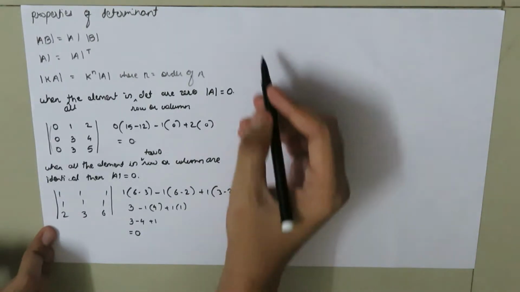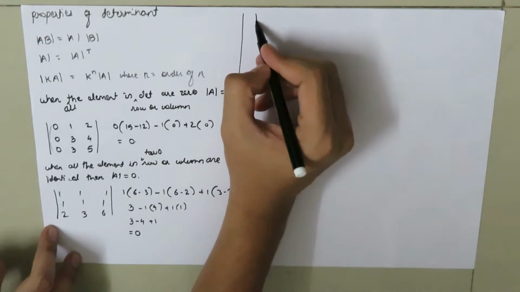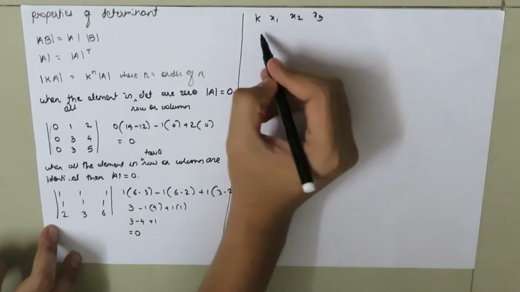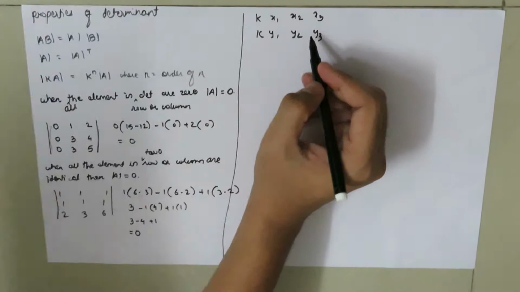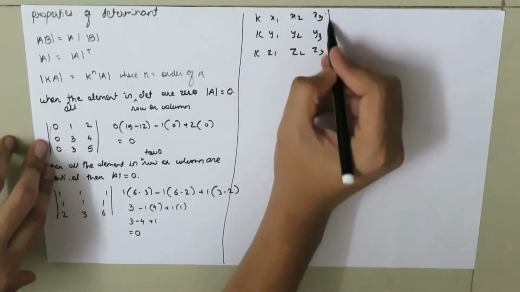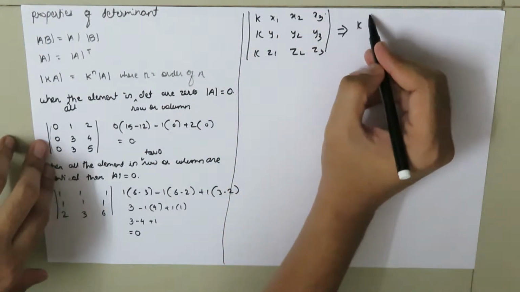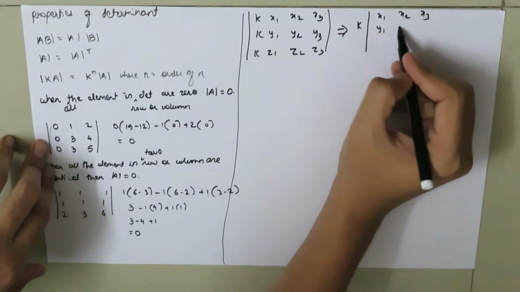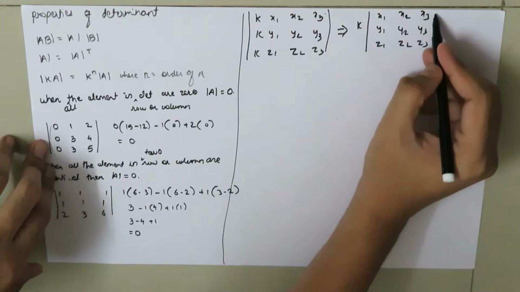And in another case, we have a very special property, that is if the determinant is in the form of k x1 x2 x3, k y1 y2 y3, or k z1 z2 z3, then we can write this determinant as k times the determinant x1 x2 x3, y1 y2 y3, z1 z2 z3.